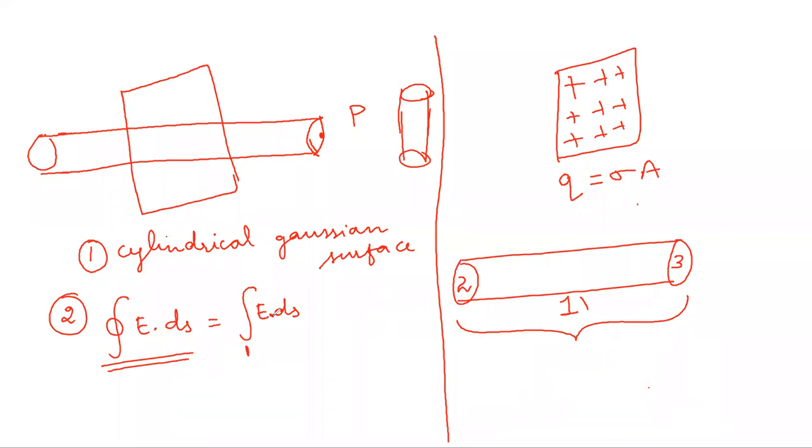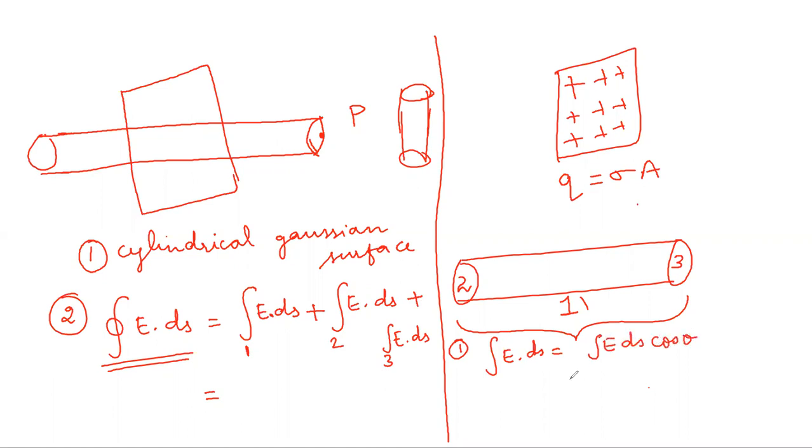So this is plus, for surface 2, E dot ds, plus for surface 3, E dot ds. For surface 1, I'm doing it separately. E dot ds is nothing but E ds cos theta.